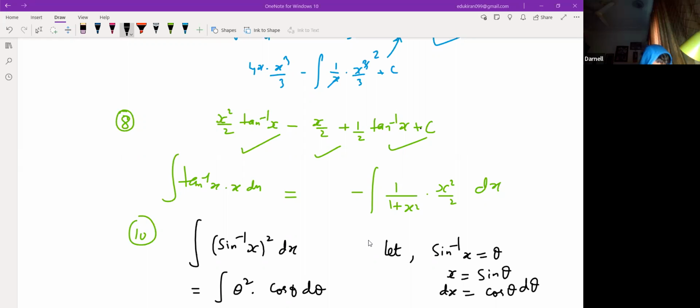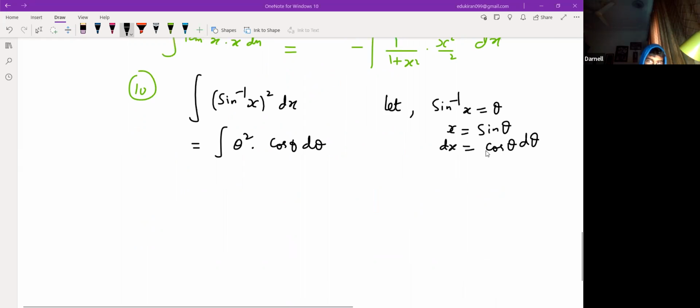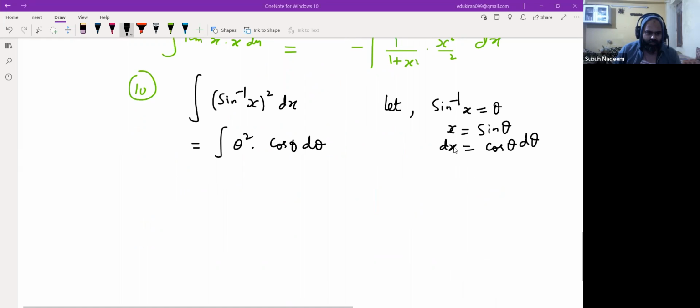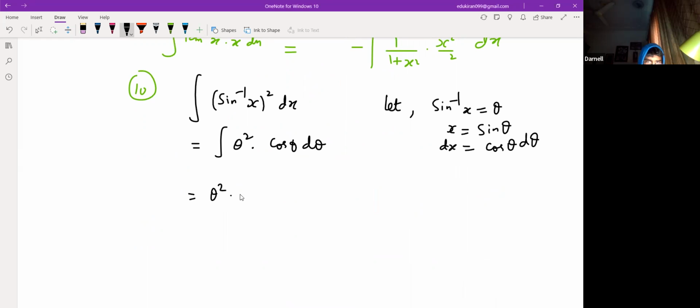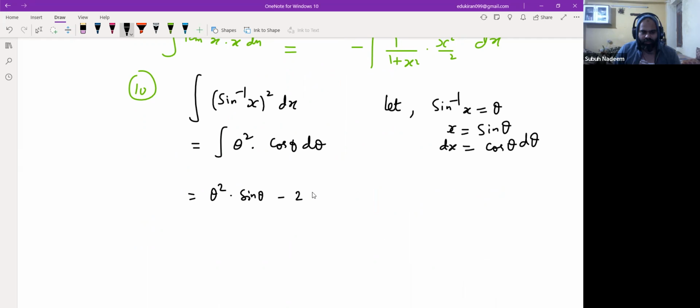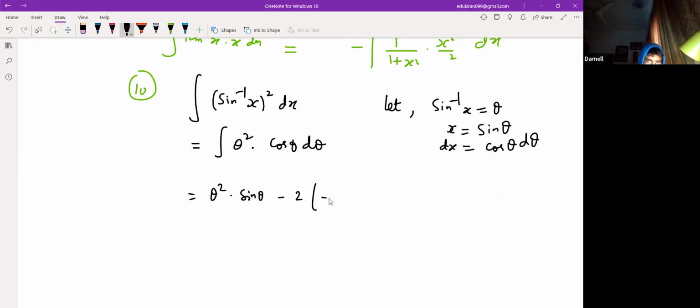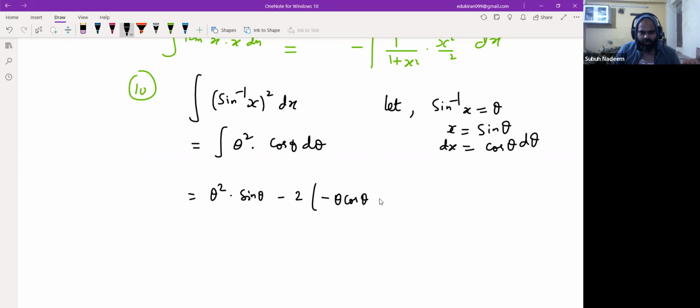So for the 10th one, I got theta square sine theta minus 2, whole bracket, minus theta cos theta plus sine theta plus c. Okay, so you applied by parts 2 times, right?